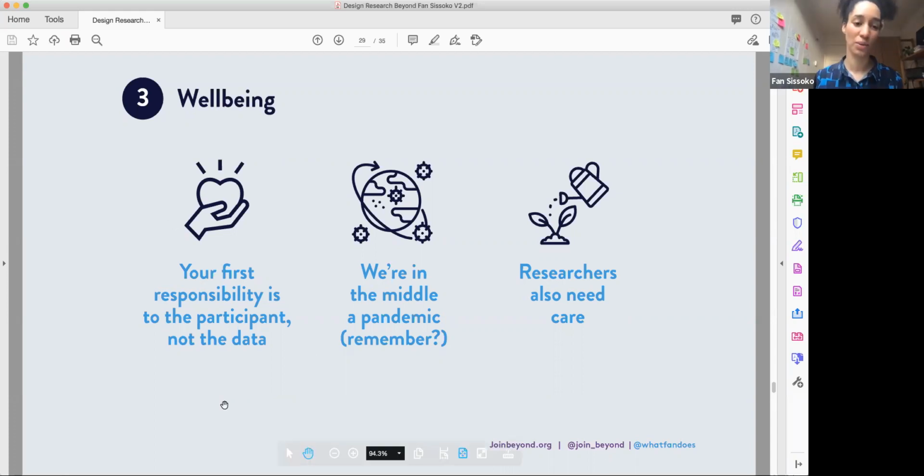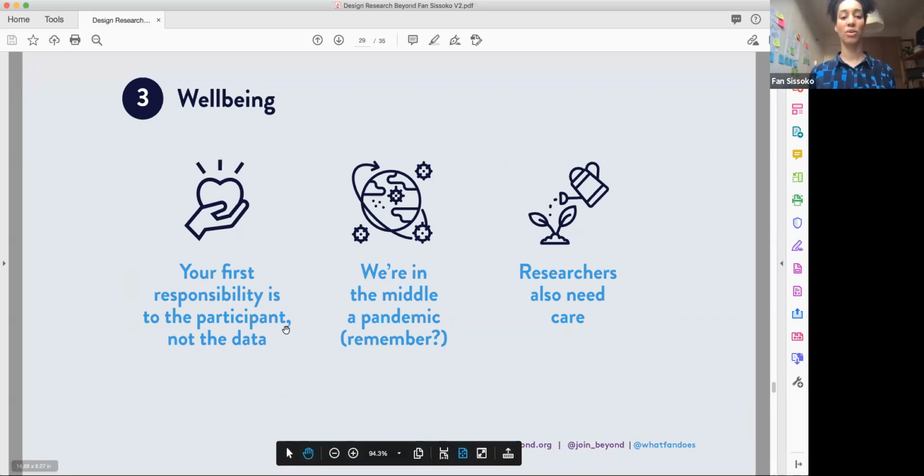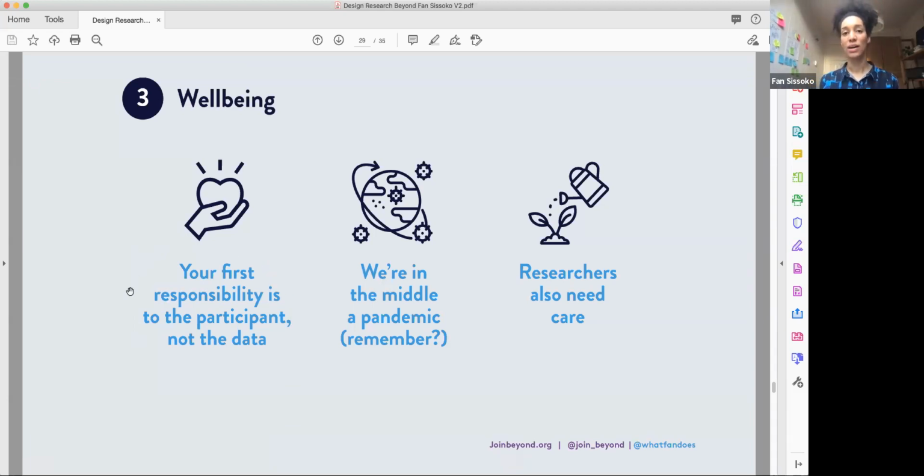Something that we did in the summer, for example, when we did this project around food insecurity, we sent a participant well-being pack to everyone who had taken part in interviews. And that included an offer to speak to a counselor if people felt like they needed to, even if it wasn't related to the research.